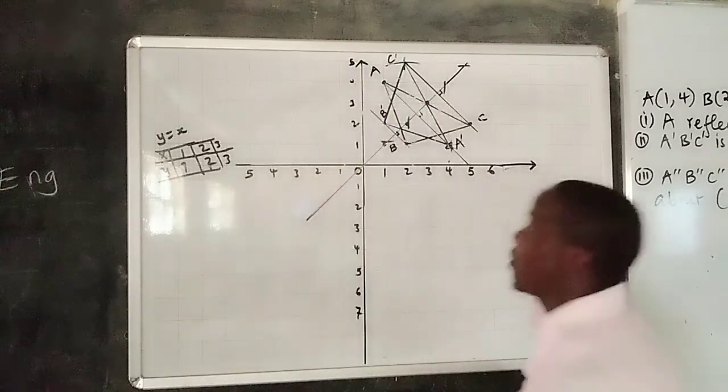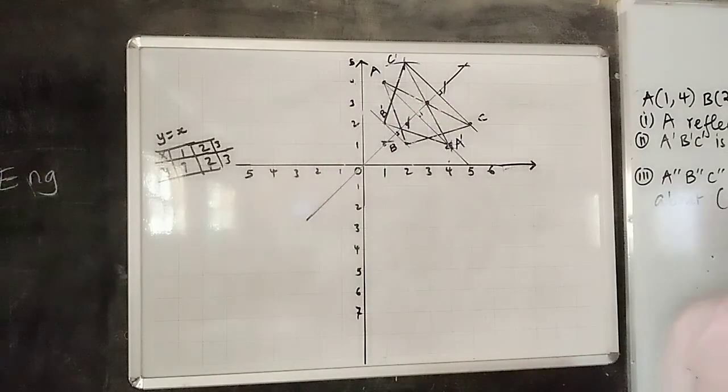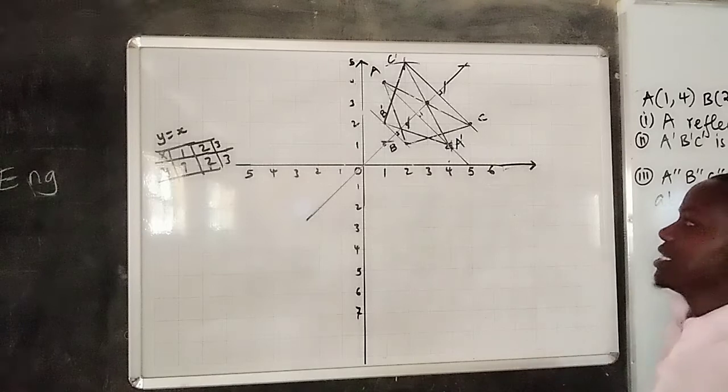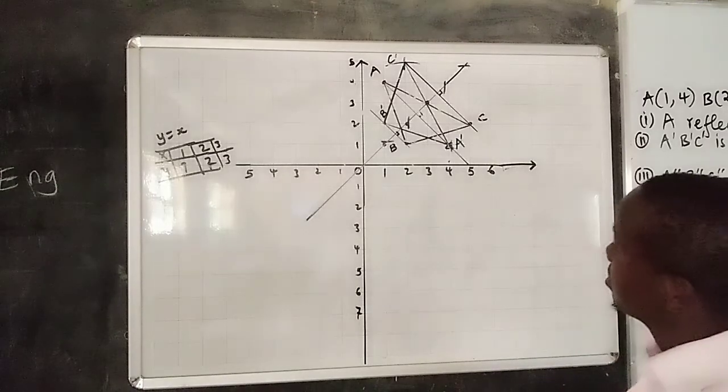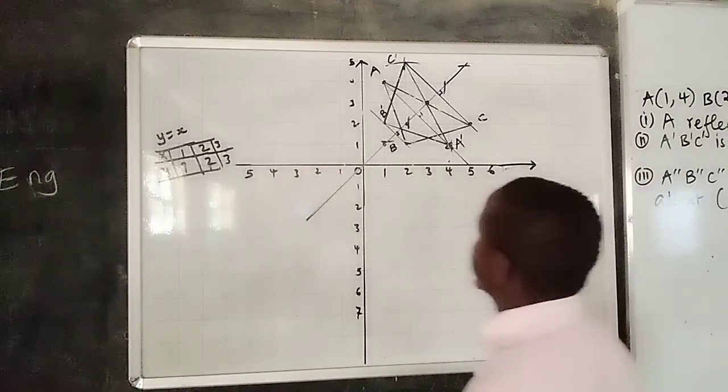Then after that, the next thing we do is to go to the second transformation. We are told that A prime, B prime, C prime is given a rotation of a positive quarter turn. So positive quarter turn means anti-clockwise direction.